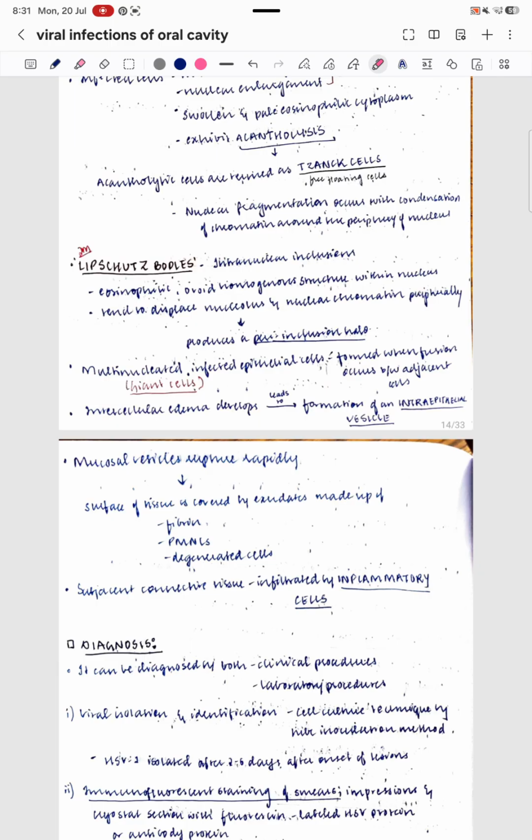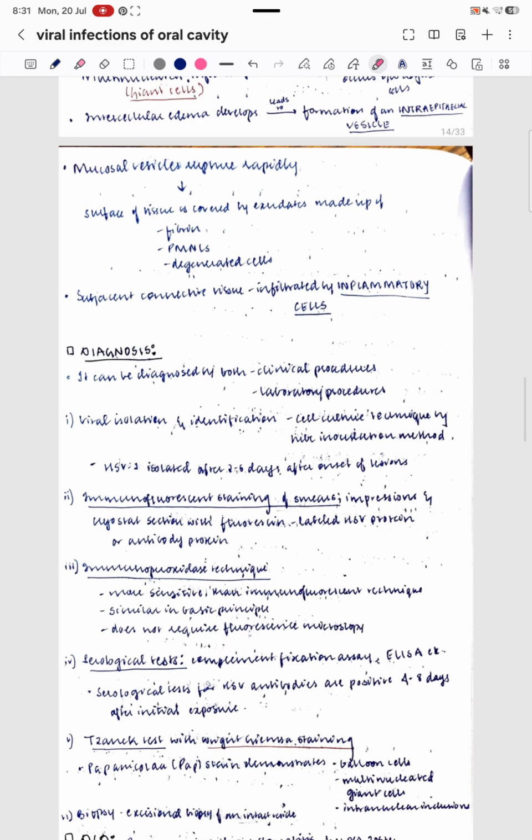Intracellular edema is also seen, which leads to the formation of intraepithelial vesicles. Now the mucosal vesicles rupture rapidly. Then the surface tissue is covered with fibrin, PMNs, and degenerated cells. Now the subjacent connective tissue is infiltrated by inflammatory cells.